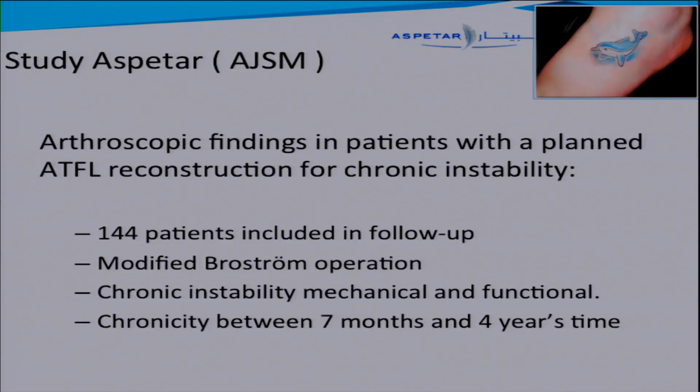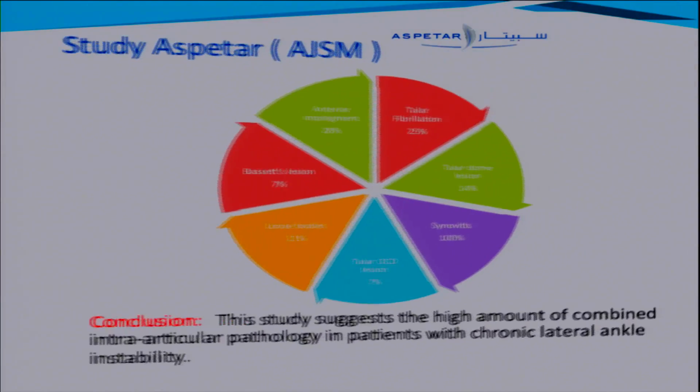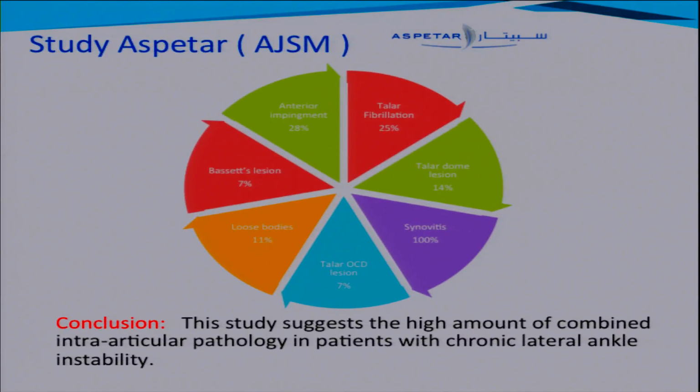The chronic instability was mechanical and functional, with a chronicity between 7 months and 4 years. What we saw, considering this talk, is 100% synovitis in the joint. We saw talar fibrillation in 25%, talar dome lesions in 14%, and talar OCD lesions in 7%.